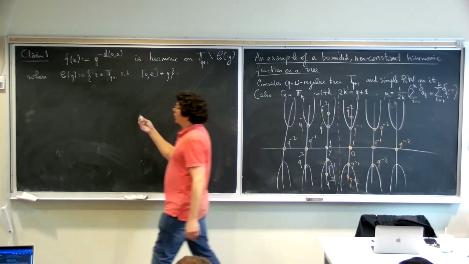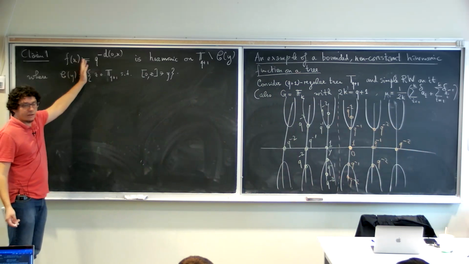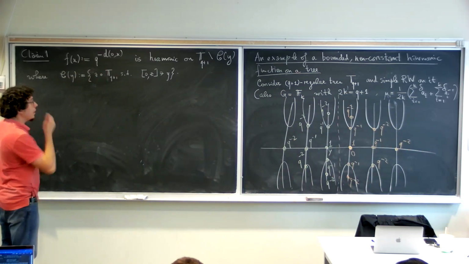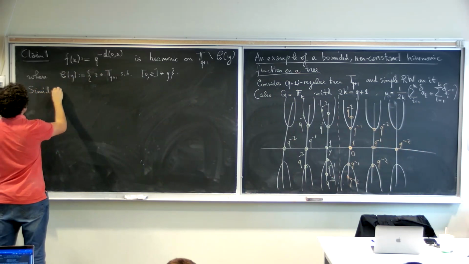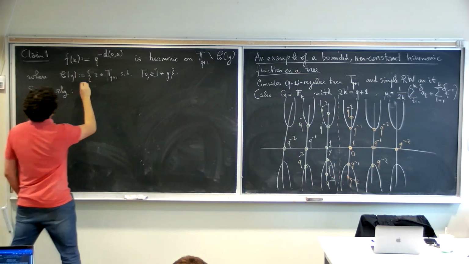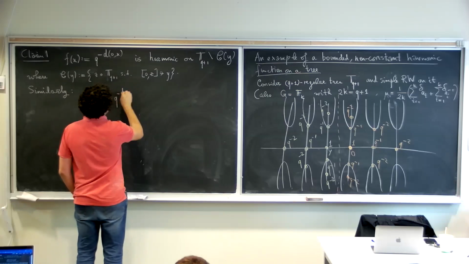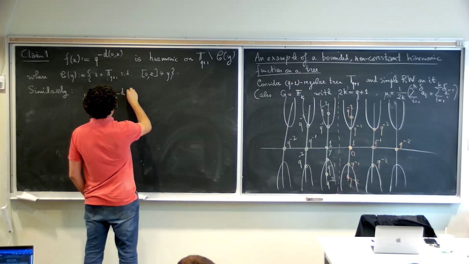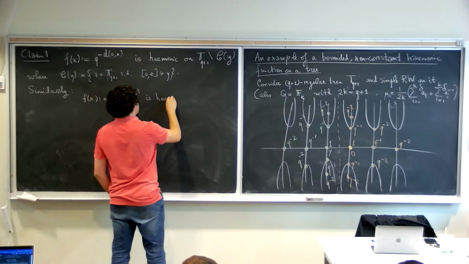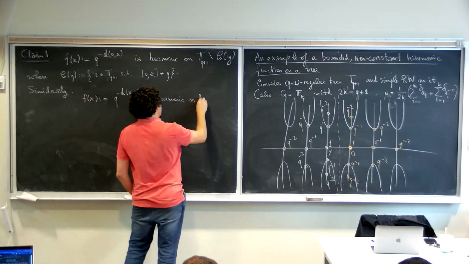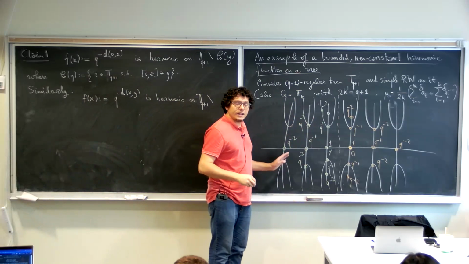So similarly, this claim is clear, right? Maybe the computation is already done. Now, the second claim is similar. If you do f of x equals q to the minus the distance between x and y, where y is at the particular point there, this is harmonic on the tree minus, in this case, the left-hand side.